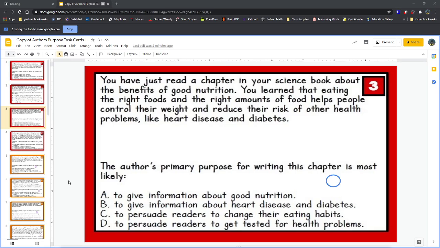Who can tell me between the two, what do you think the author was trying to do in that science book? Were they trying to inform us or were they trying to persuade us? What do you think, Ezekiel? Inform or persuade? What would you say?